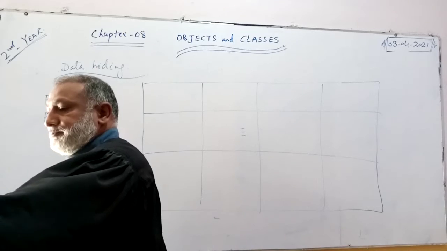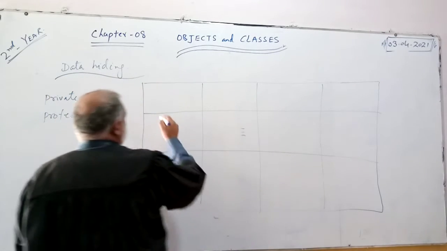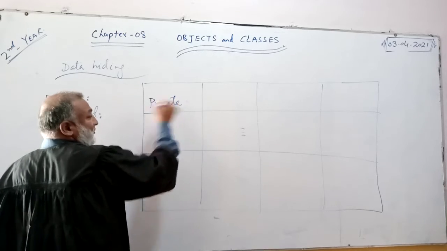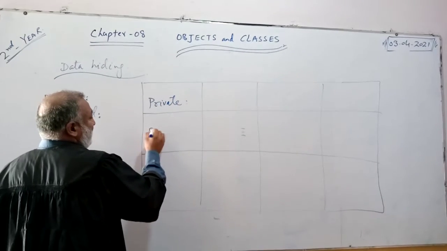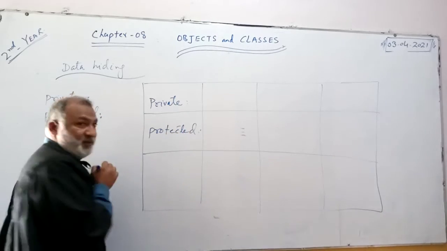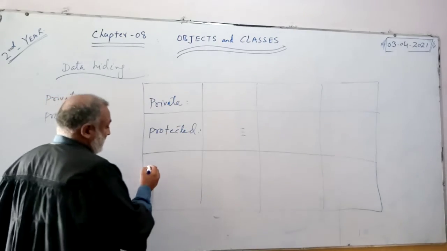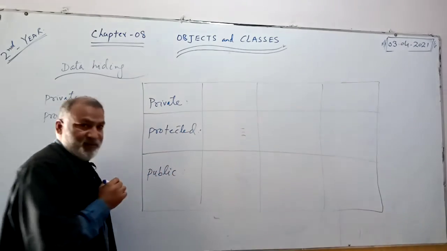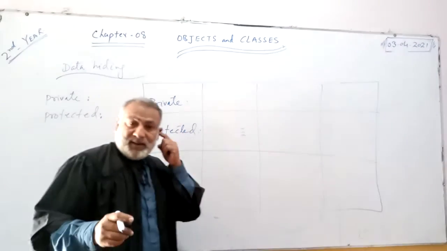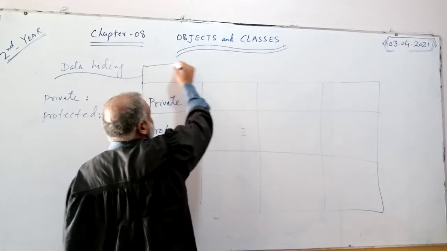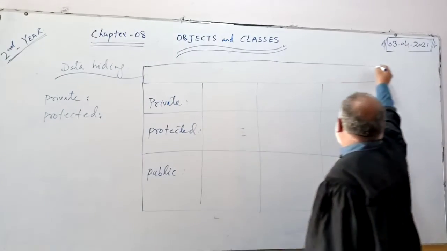Okay, so we have private access specifier, protected access specifier, and public access specifier. And now let me give some headings to these things.